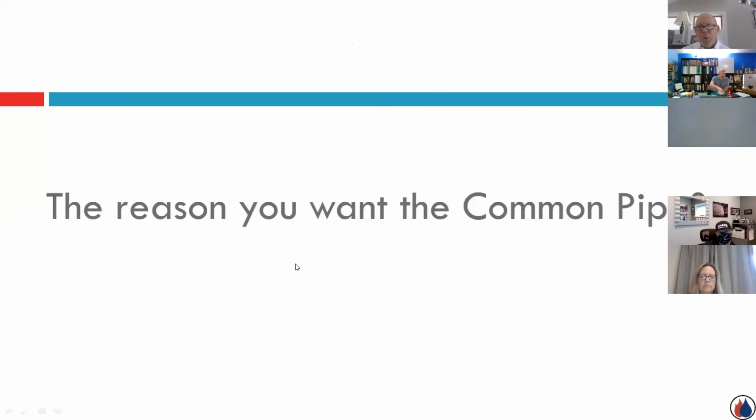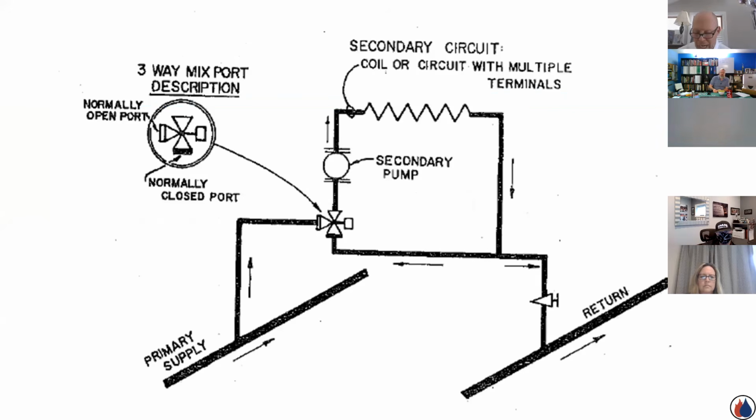So the reason you want it, he actually has an article that I was able to find in a technical manual, I think it was written back in the 70s. That's how long ago. Someone would say, hey, I've got a primary secondary system because I have a primary pump back here, a secondary pump here, and a common pipe, is what they're claiming.